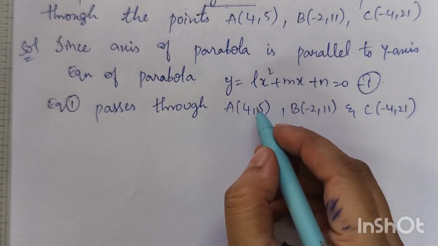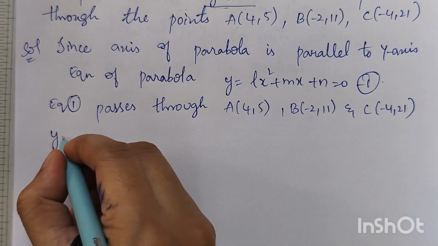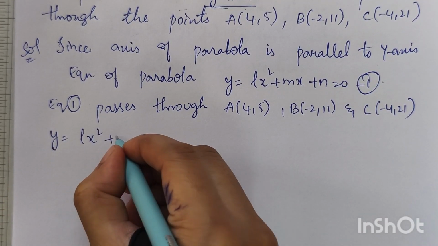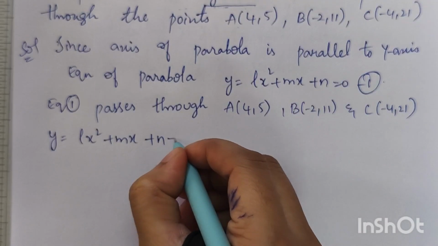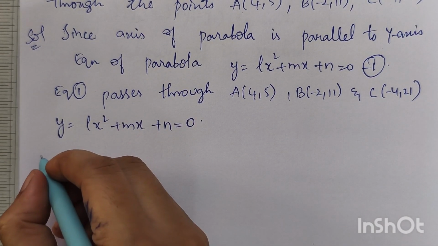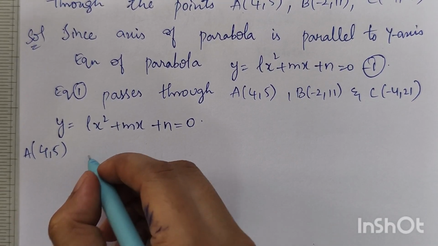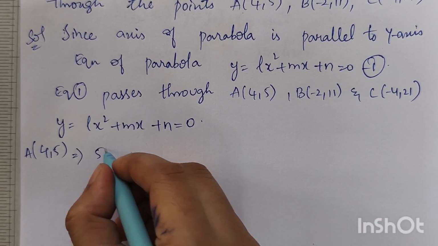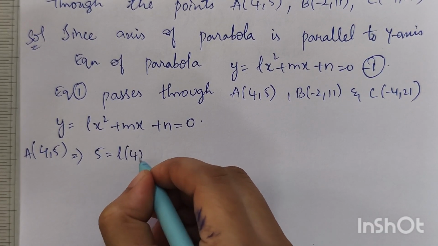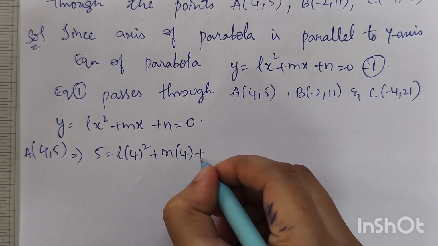We'll substitute these points in this equation, y equals lx square plus mx plus n. Substitute the first point A, 4 comma 5. We get 5 equals l into 4 square plus m into 4 plus n.